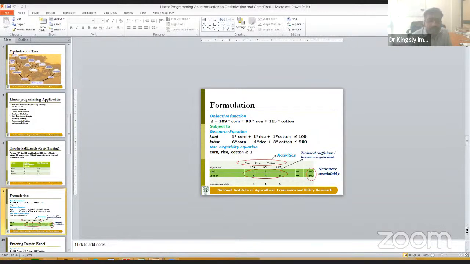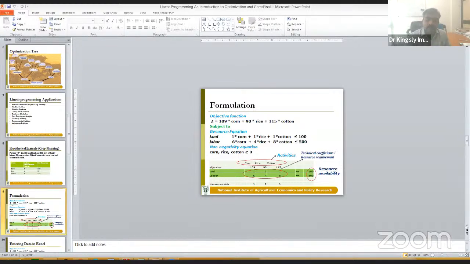If you look at the left-hand side before the less-than-or-equal-to sign, these are all labor requirements, resource requirements. The right-hand side talks about resource availability. You have to remember that 100 and 500 talk about resource availability. The left-hand side only talks about resource requirement.